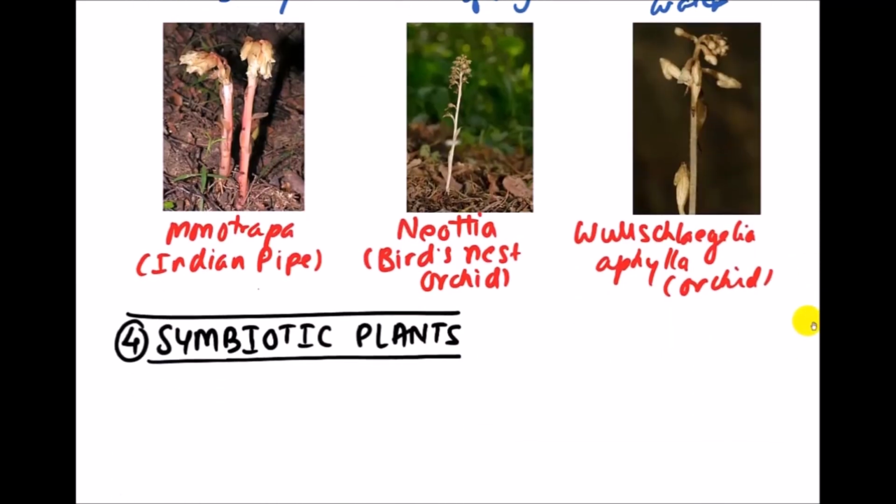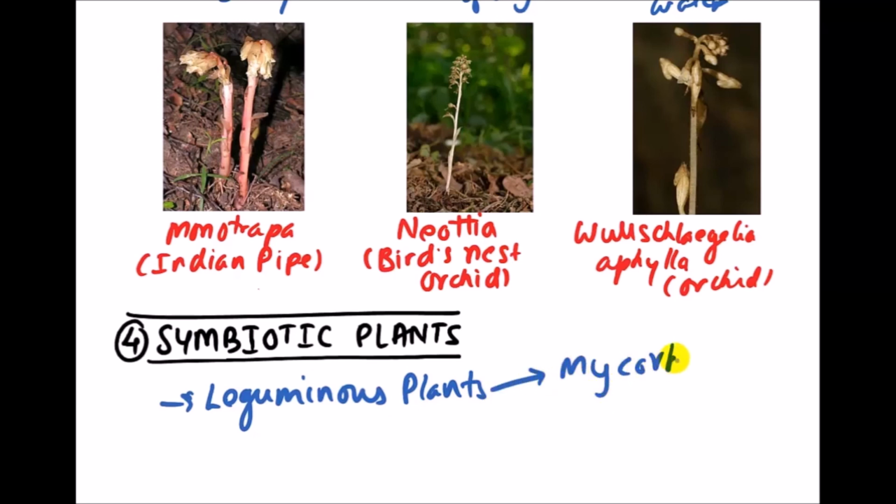Now there is a fourth category of plants, that is symbiotic plants, and such plants show association with some other animals or organisms. For example, some leguminous plants may show mycorrhizal association or symbiotic association with bacteria like Rhizobium for nitrogen fixation.